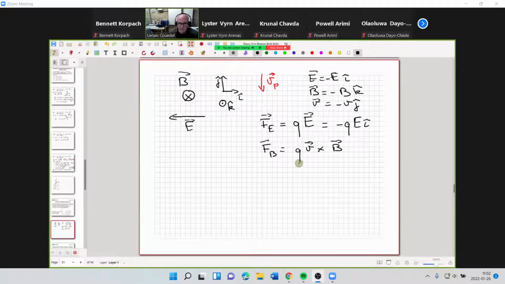So I can write my magnetic force Fb equal to Q times minus V J hat cross minus B K hat. What will be the direction of the resulting magnetic force?